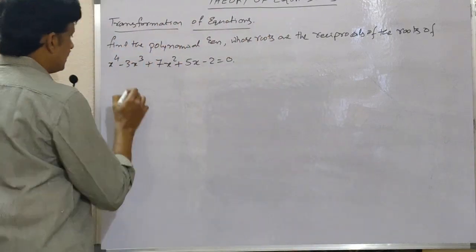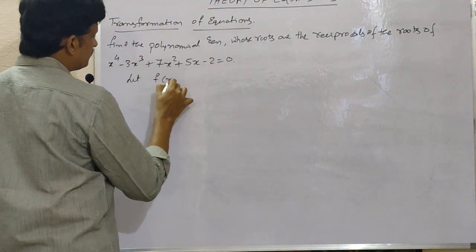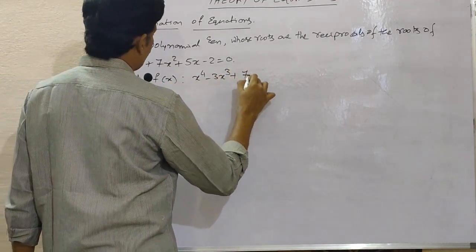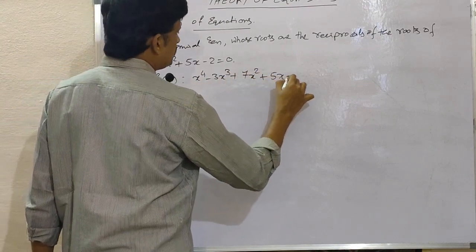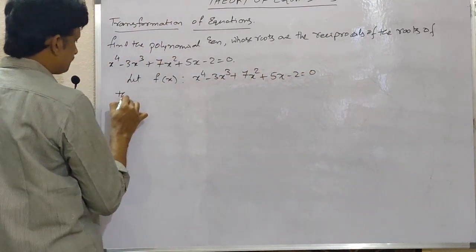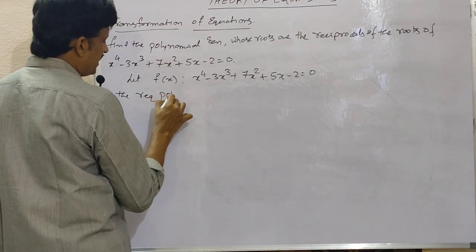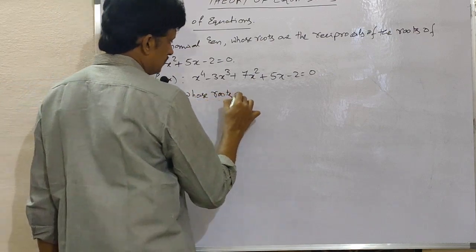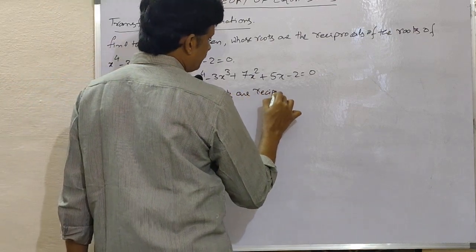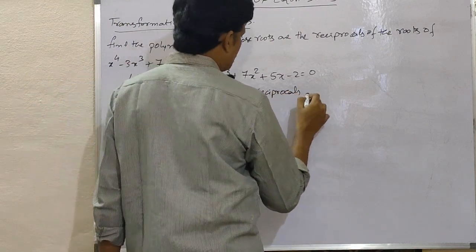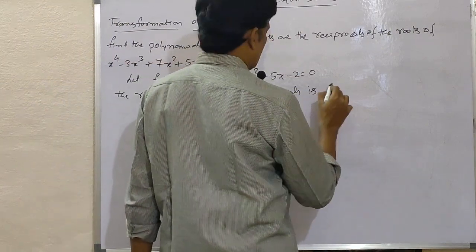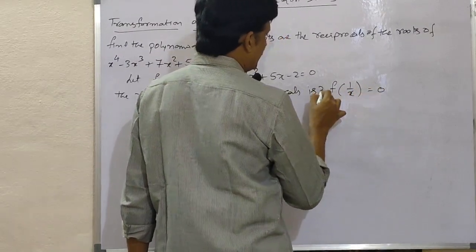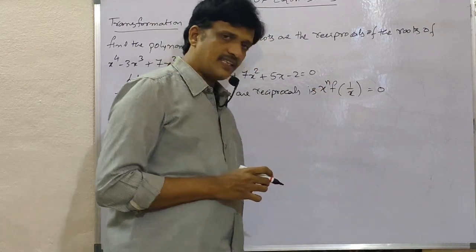So here, let f of x be the given one, that is x power 4 minus 3x cube plus 7x square plus 5x minus 2 equal to 0. Then the required polynomial whose roots are the reciprocals is f of 1 by x equal to 0, but to get the polynomial we should multiply this with x power n.